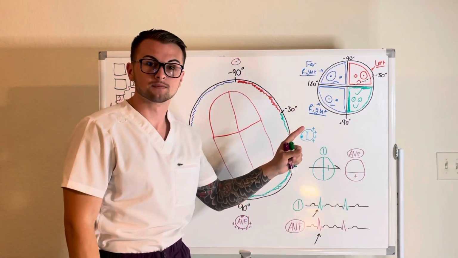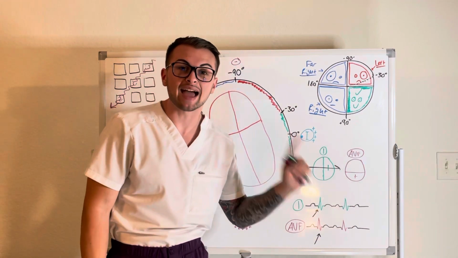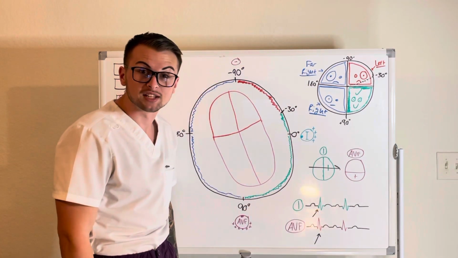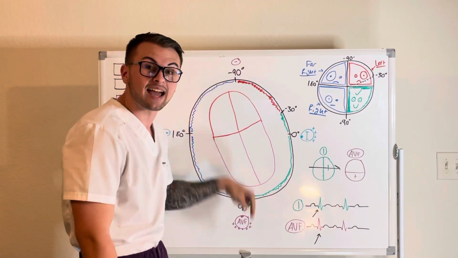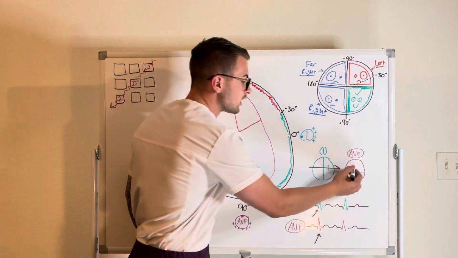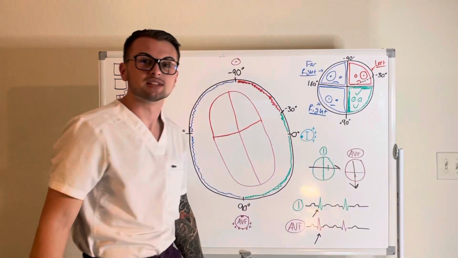We know this. Now, if lead AVF is mostly positive, then we know that the axis must also be headed downward. So let's put this information together.